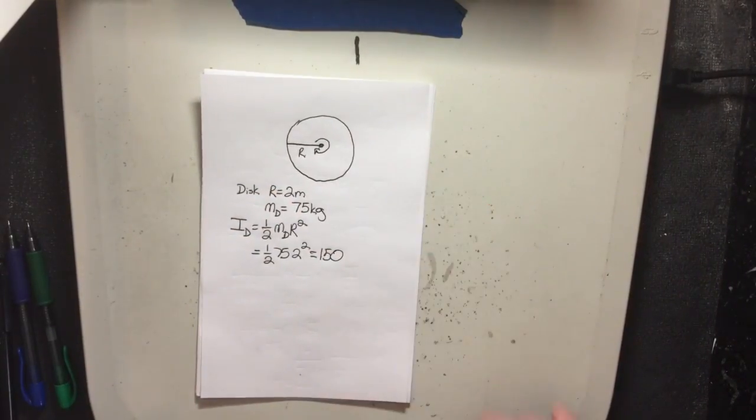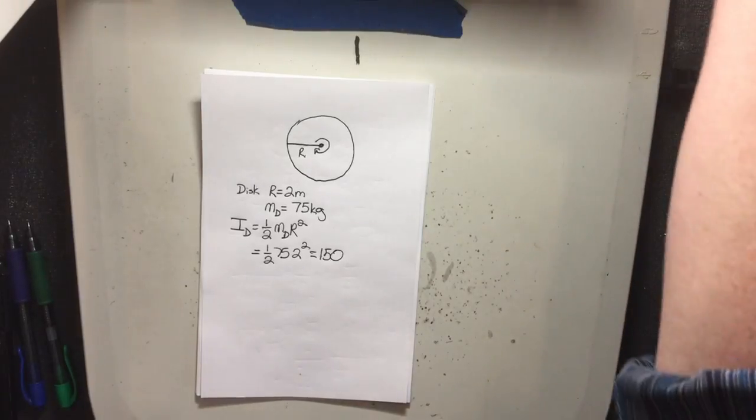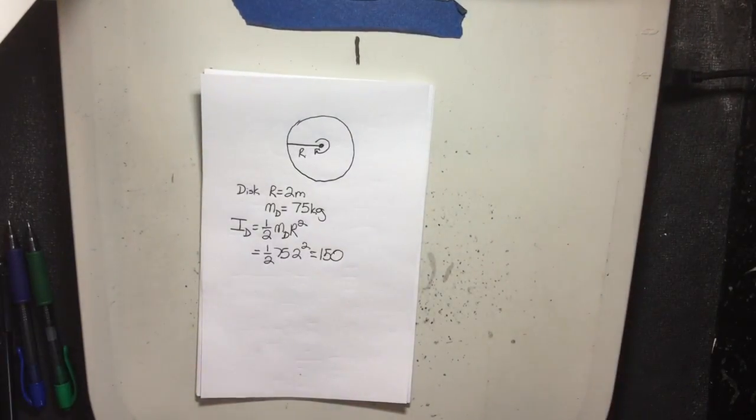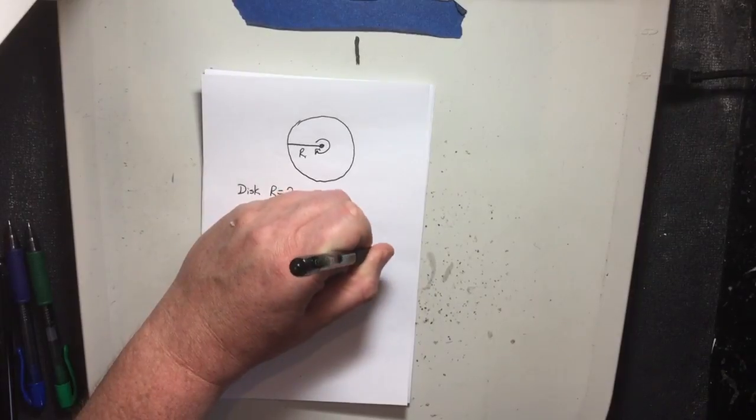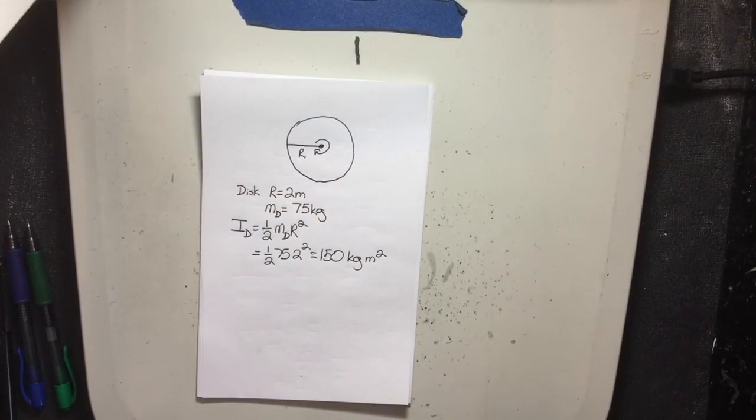Now during normal problems, I wouldn't care much about the units, but just to let you know, when you give an answer, let's say I asked for, well, what's the moment of inertia of this disk? You need to include the units. And some of you may go, well, how am I supposed to remember what the moment of inertia units are?